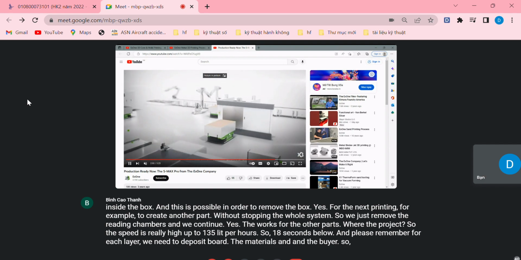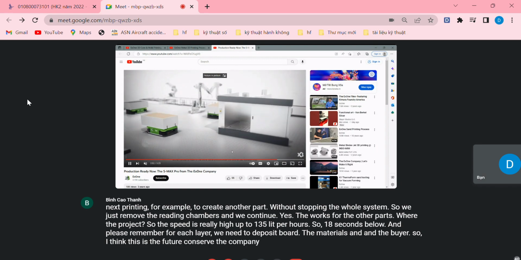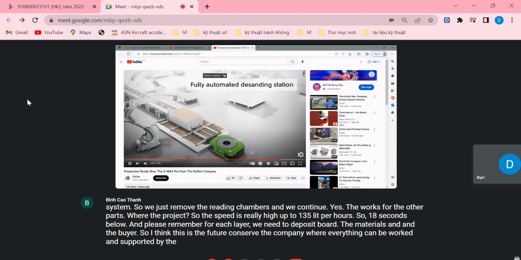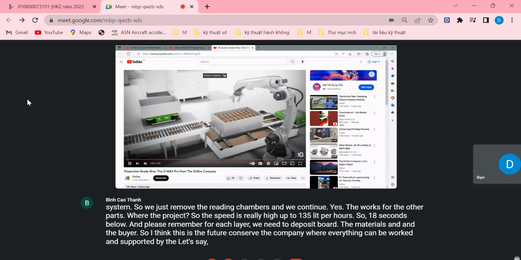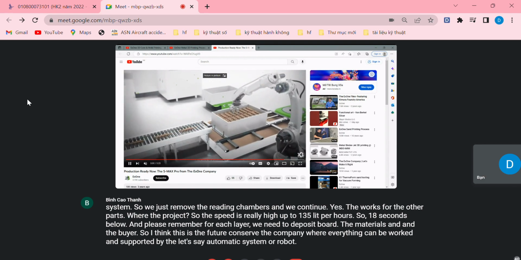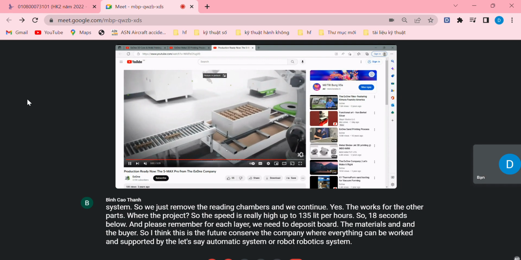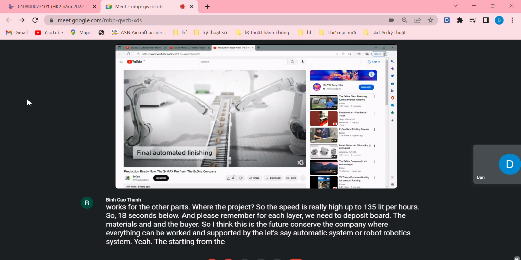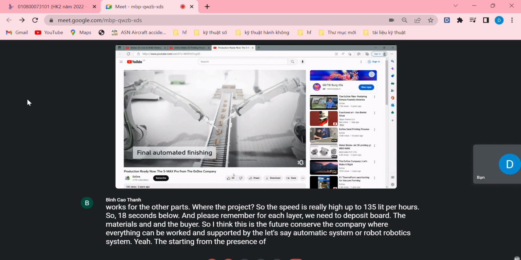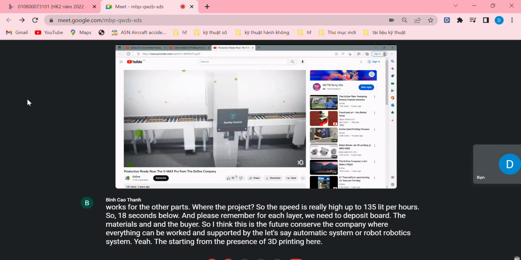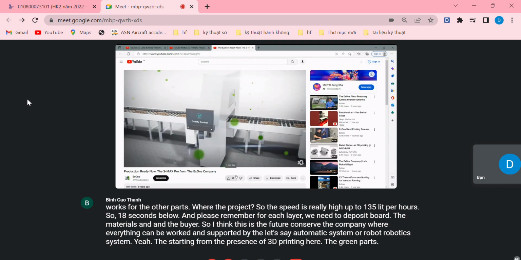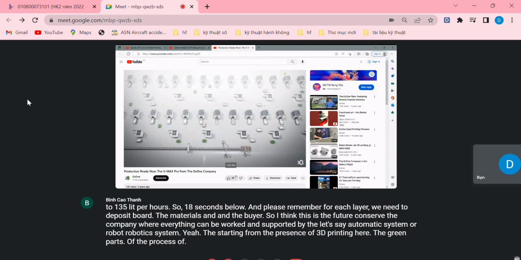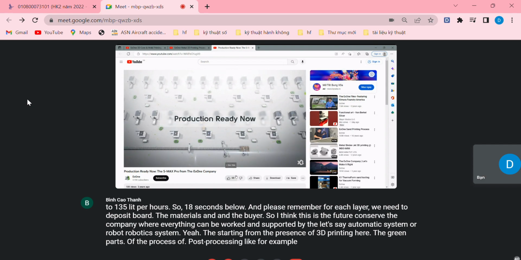So I think this is the future concept of the company, where everything can be worked and supported by, let's say, an automatic system or robotic system. Starting from the process of 3D printing the green parts, up to the process of post-processing, like, for example, hot isostatic pressing or infiltration.